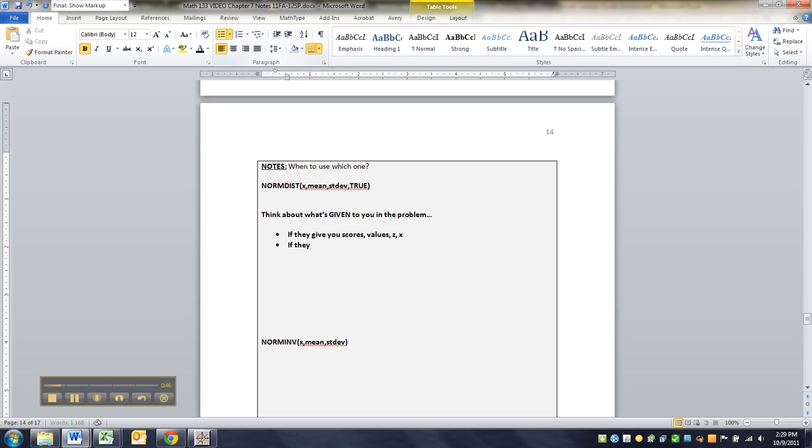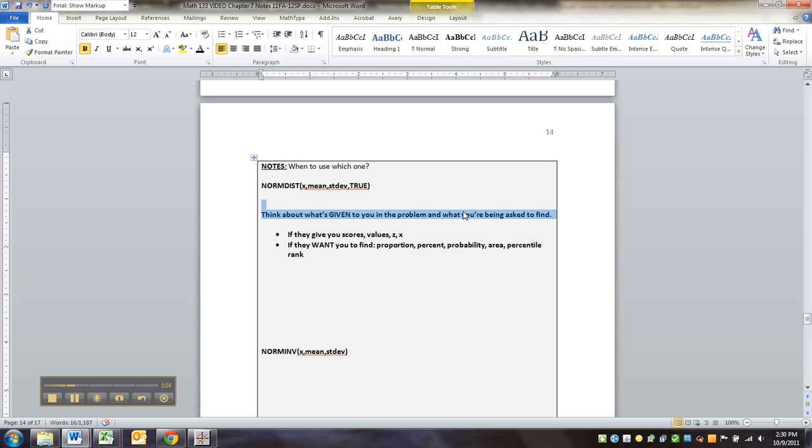If they want you to find proportion, percent, probability, area, percentile, rank. I'm trying to think if there's any more I can think of off the top of my head. No, nothing more that I can think of. If they give you this, or so I guess it's more than that. Think about what you're given and what you're being asked to find.